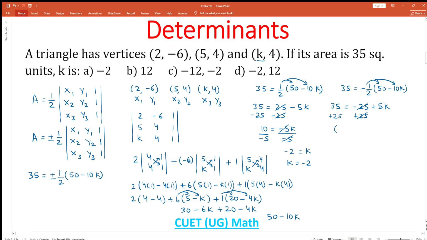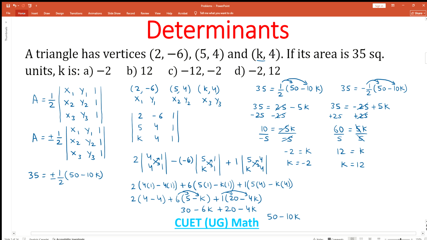I get 60 equals 5k. Next, we can divide both sides by 5. I get k equals 12. So there are two possible values of k, negative 2 and 12.